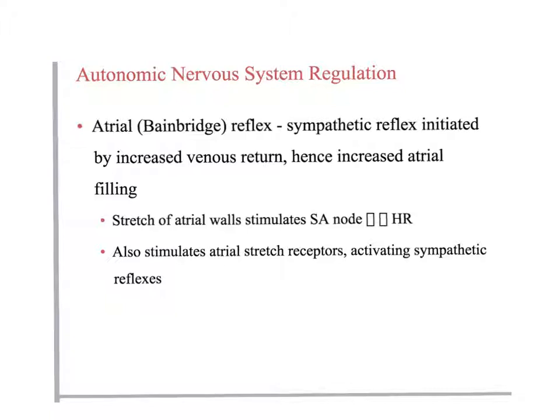If you have a sudden increase in how much is coming back to the heart, that atria is going to stretch. That's what we call the atrial reflex. So the atria stretches, and then that stimulates the SA node to increase heart rate.